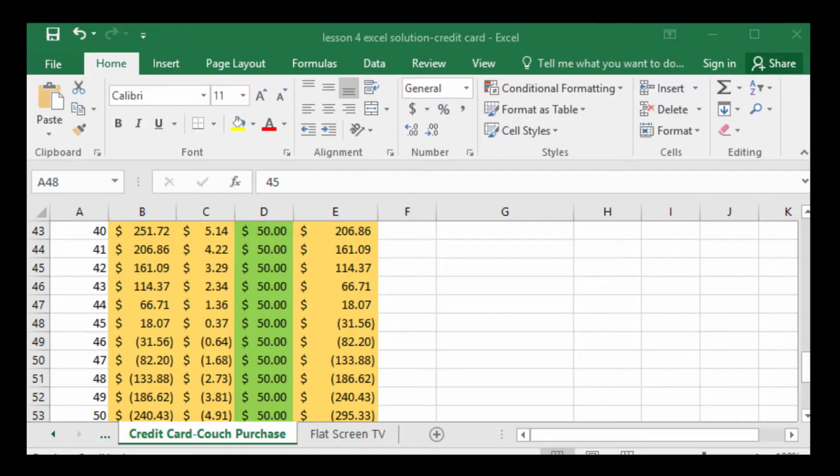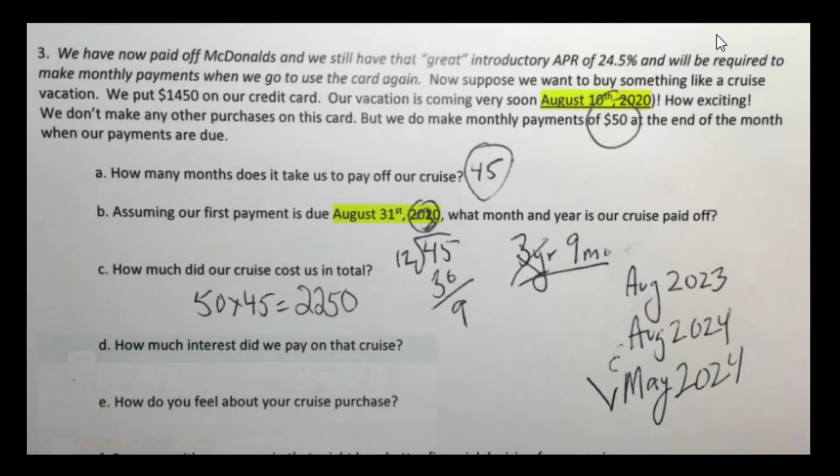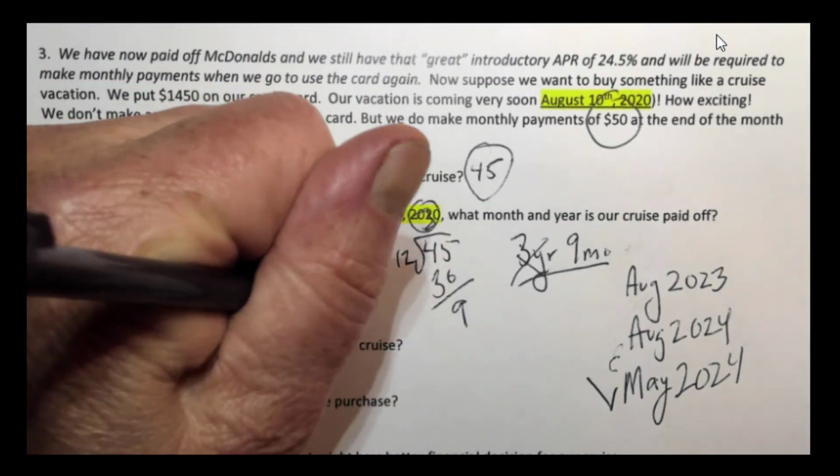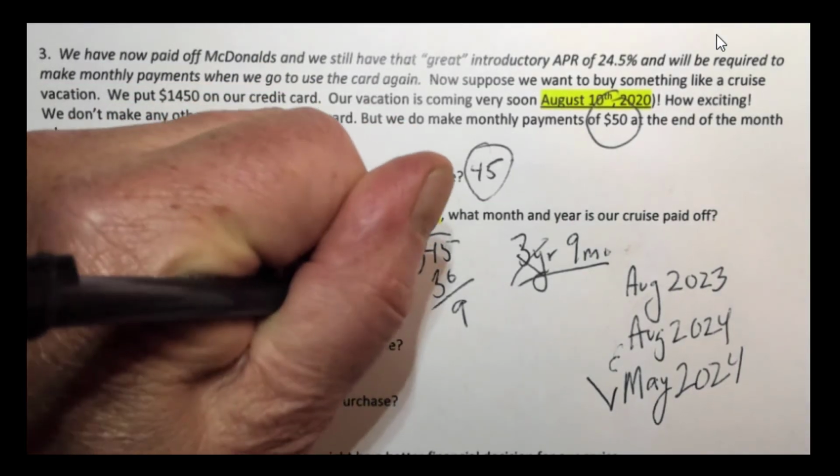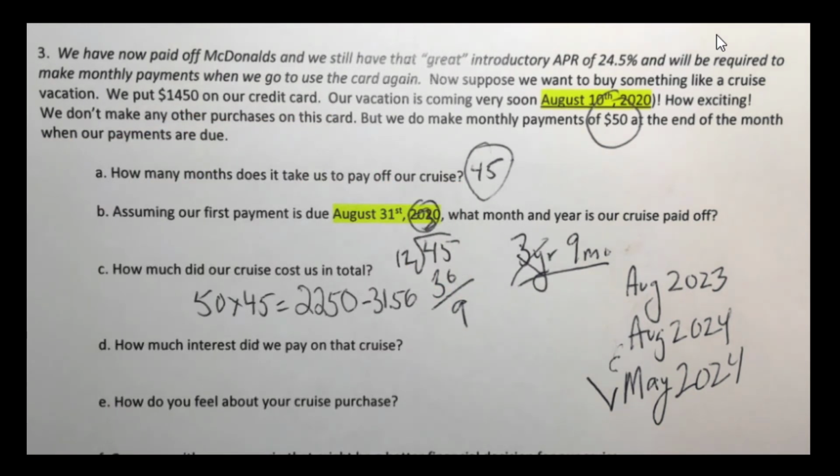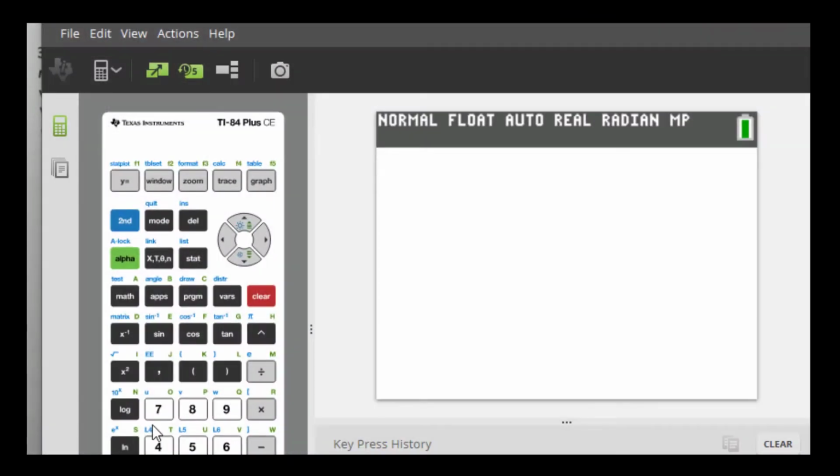Take a look at it. Here's that last month. I have a $31.56 credit. So I'm going to subtract that because that's an overpayment. I didn't pay that. $31.56. Now that I can put in my calculator. And I'm going to use this fancy thing I have here. How about that thing?